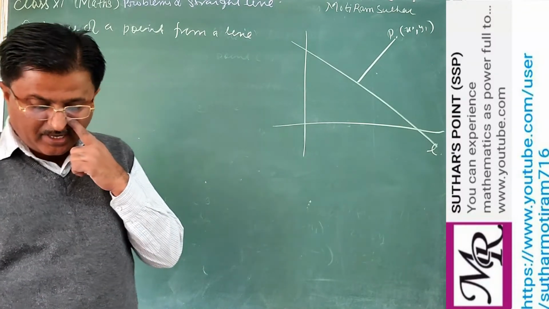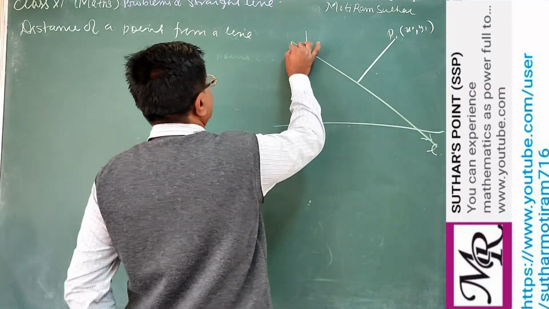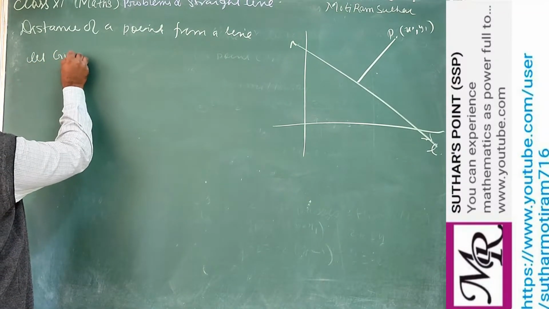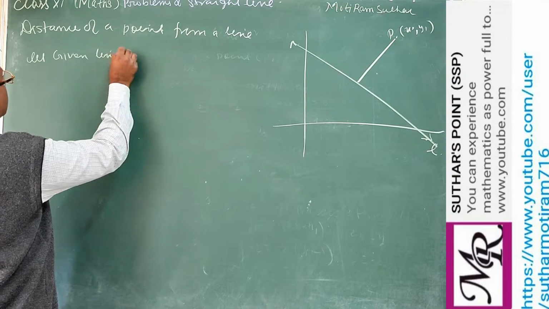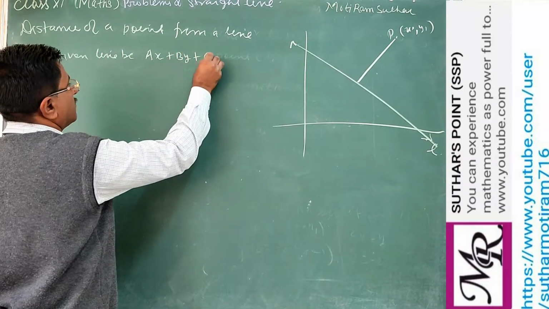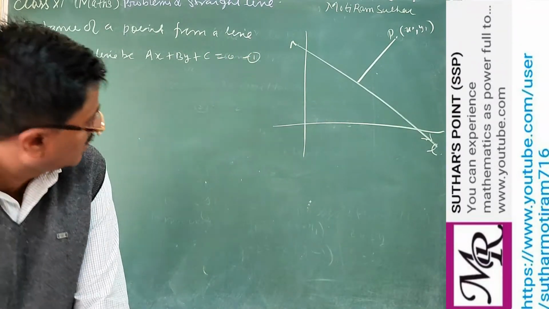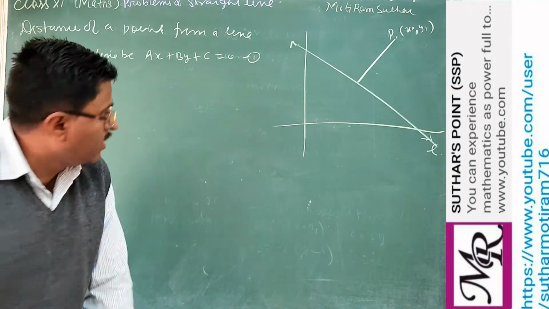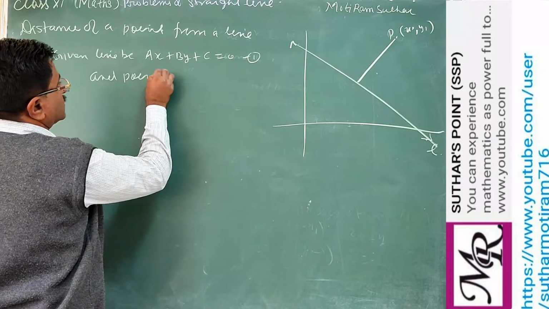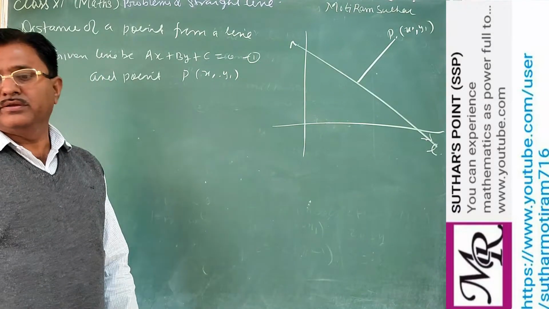To find the distance of a point from a given line, we have to find the perpendicular distance between the point and the line. So how to find the perpendicular distance? Let the given line be in general form ax plus by plus c equal to 0. This is our given line, and we are also given the point P, x1, y1. Clear?